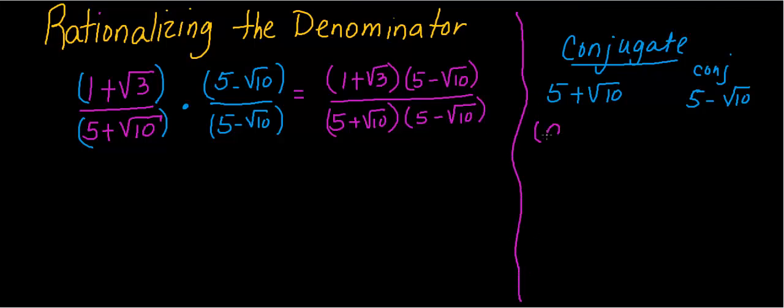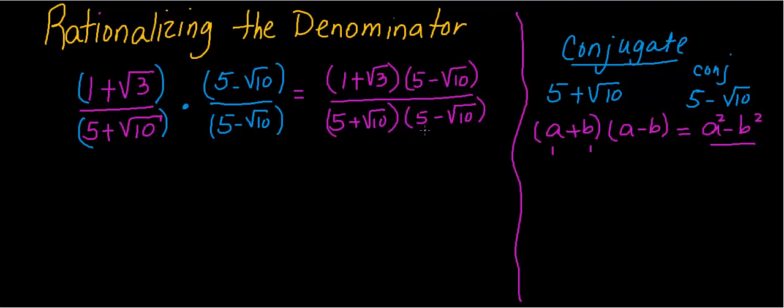Whenever you have a plus b times a minus b, your answer is going to be a squared minus b squared. That means take the first number and square it, and then write minus, and take the second number and square it, and you get your answer. That fast. If you want to go ahead and do the FOIL, you could. You're going to get to the same thing, okay?